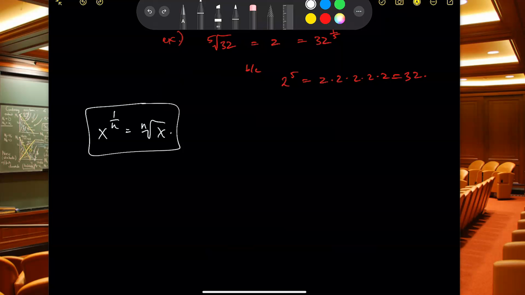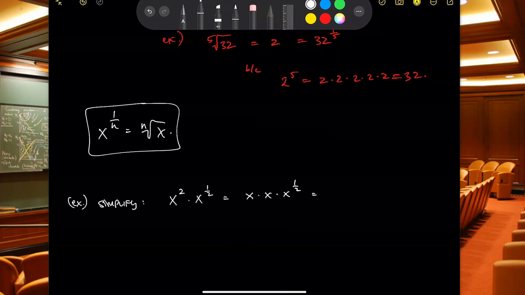Okay. But let's put it into practice with some of the rules for simplification we've generated ourselves. So if I have x squared times x to the 1/2, what does this really mean? Well, it really means we have x times x times x to the 1/2.